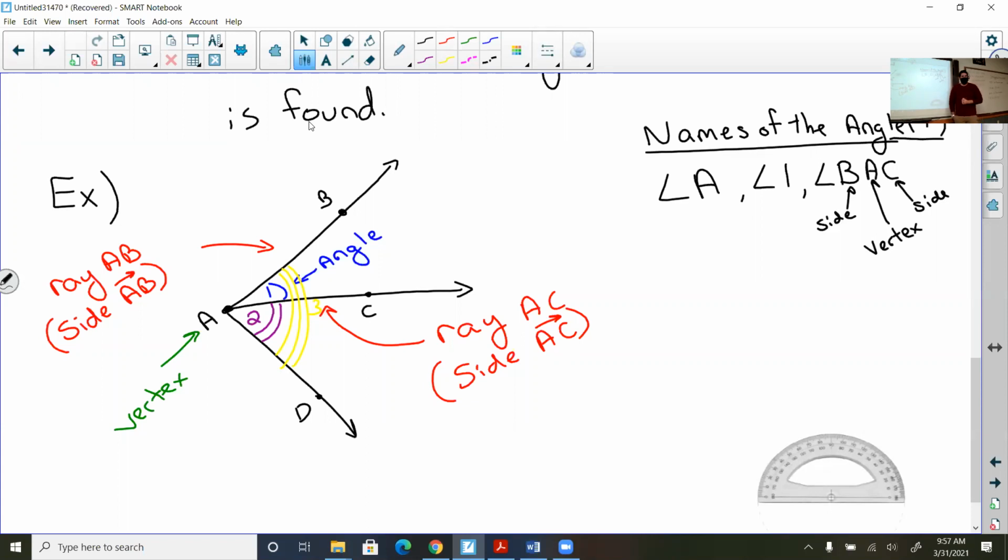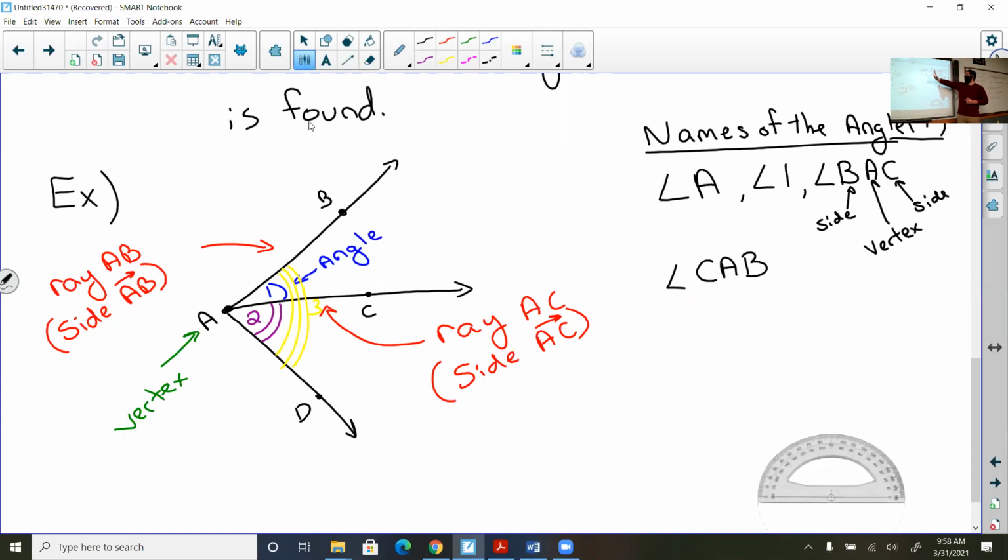So we have to have a little vertex sandwich in order to label those angles. Another name could be CAB, because again, C is a side, A is the vertex, and B is a side. So I have 4 different names for that angle.